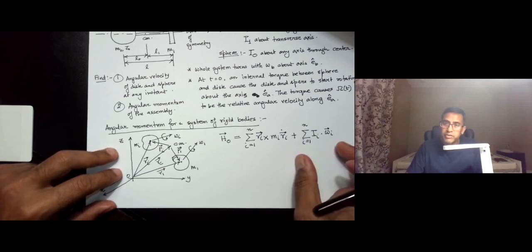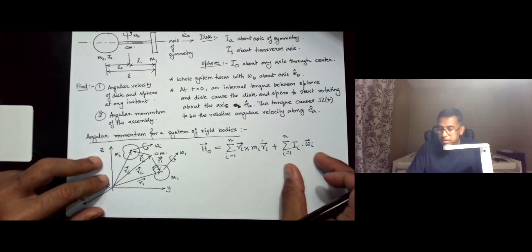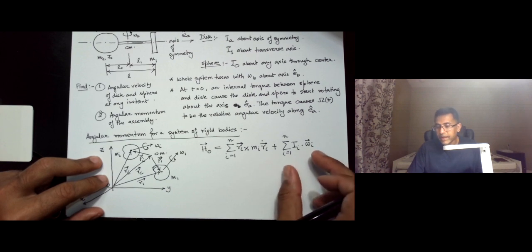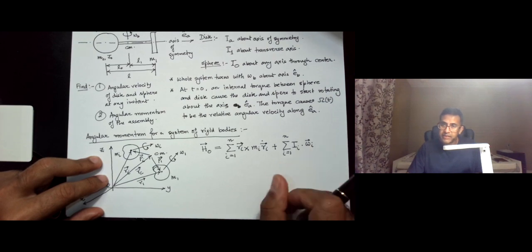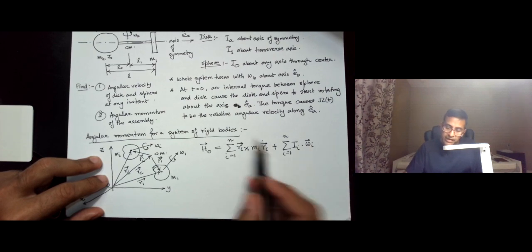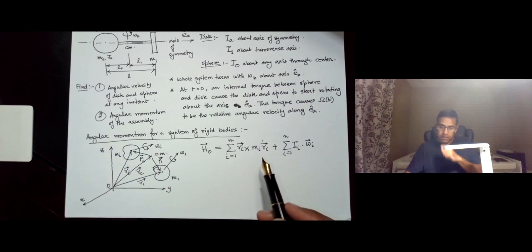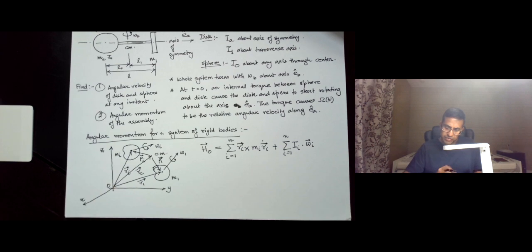One is the moment of inertia of the individual rigid bodies about their center of mass. So this represents the sum of the angular momentum of each rigid body about their respective center of mass, considering their respective angular velocities. And then to add to that, this is the angular momentum due to the motion of the center of masses of the individual rigid bodies.